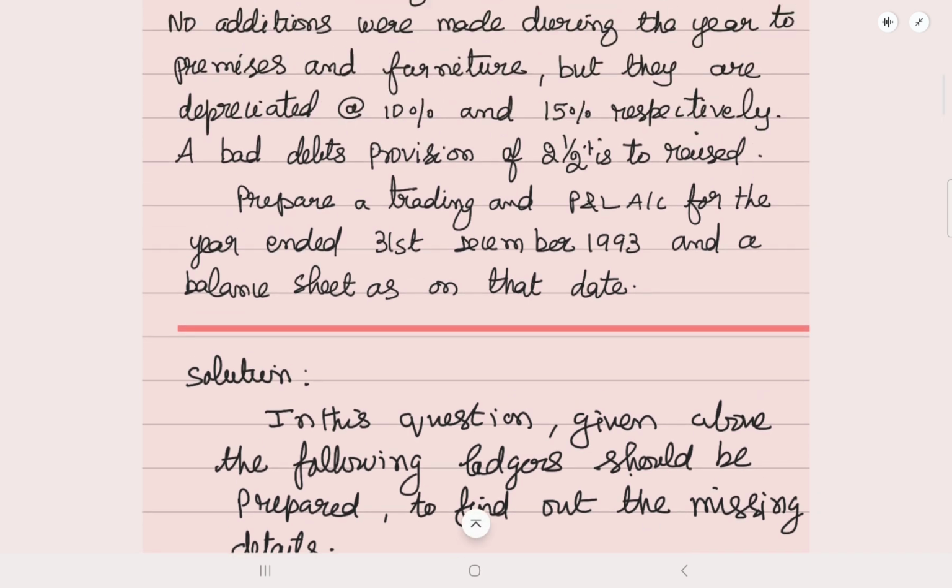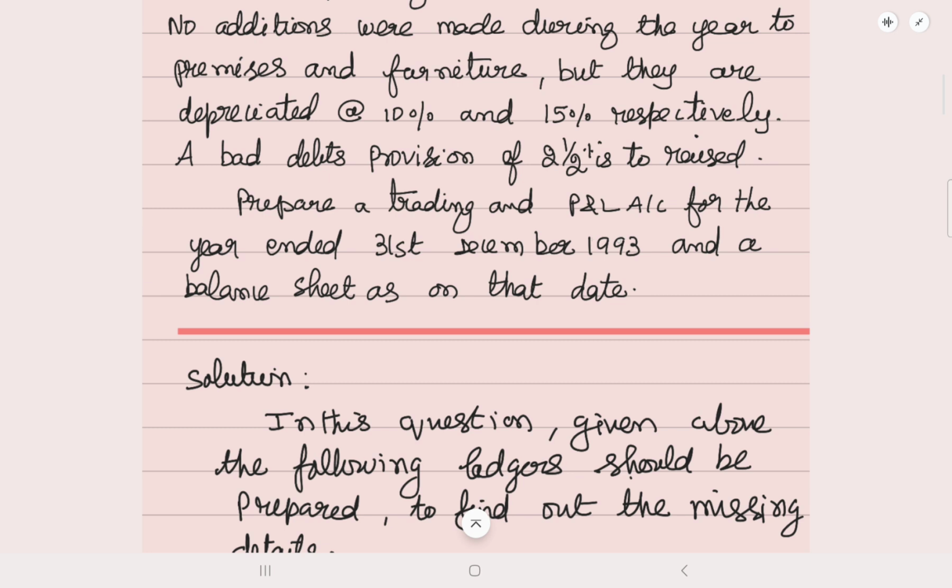So, in this problem, we have to prepare the trading and profit and loss account and the balance sheet.